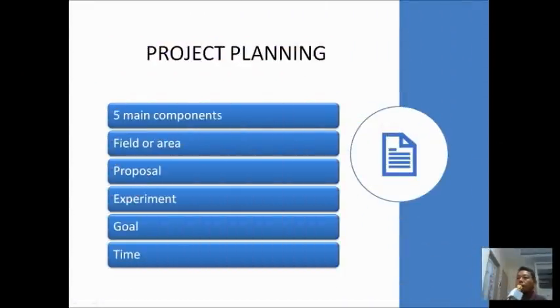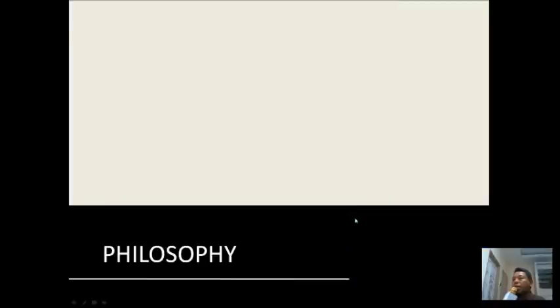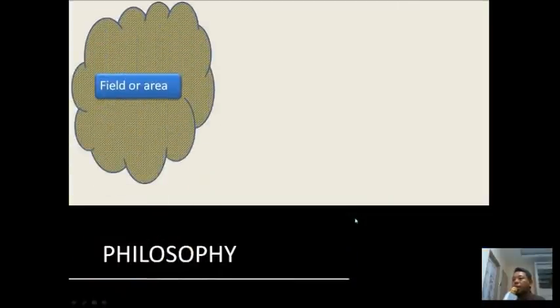Okay, Alhamdulillah, we have reached the final topic, which is project planning. Okay, in project planning, the five main components here are field or area, proposal, experiment, goal, and time. Okay, to visualize this, the philosophy is like this.